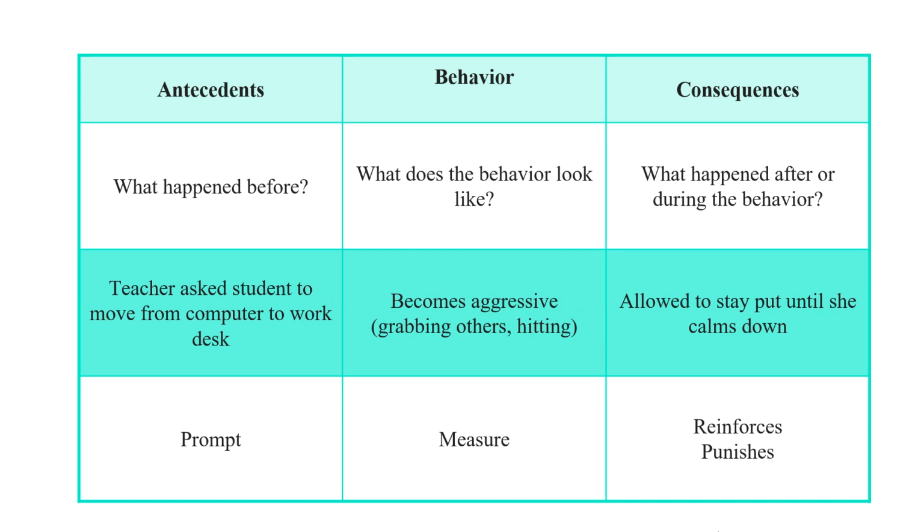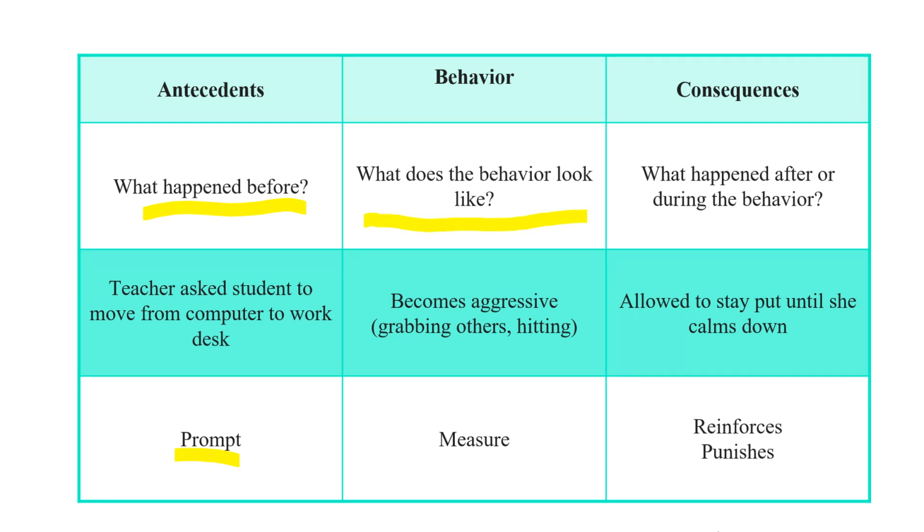So here's an example of an ABC chart. Antecedent behavior consequence. The first column, antecedent, is what happened before the behavior. So what's prompting that behavior? This example says a teacher has asked a student to move from the computer to a work desk. Next, you would put out what does the behavior look like.